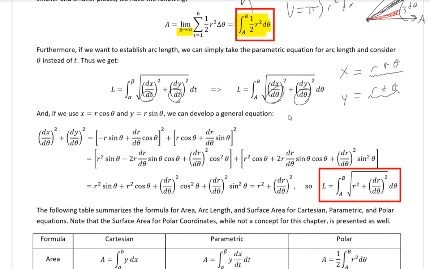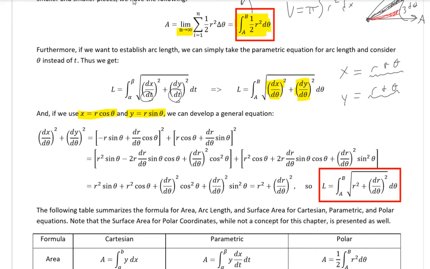If we take the general equations of this, which is x equals r cosine and y equals r sine, these equations we established at the beginning of 10.3, we can rewrite the above equation by finding both the derivative of x with respect to theta of this equation and the derivative of y with respect to theta of this equation. This way we can hopefully result in something that just involves r and theta and no y or x, because we very seldom will have that in a polar equation.